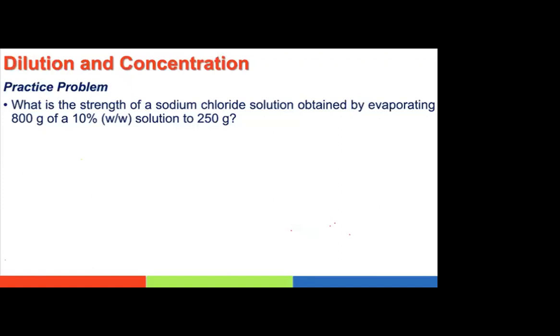Okay. C1, B1, C2, B2 lang din ang ating formula. Or C1, X1 kasi weight na to. What is C1? 10. What is X1? 800 grams equals, anong hinahanap? The final concentration. What is the final amount? 250 grams.